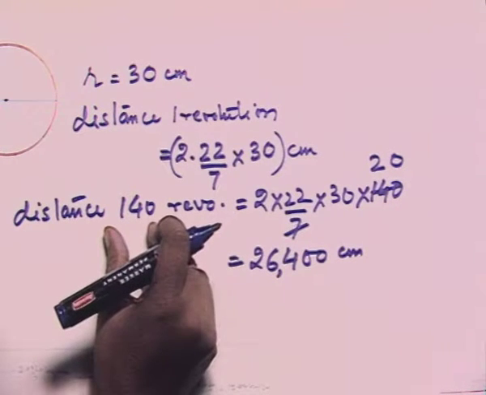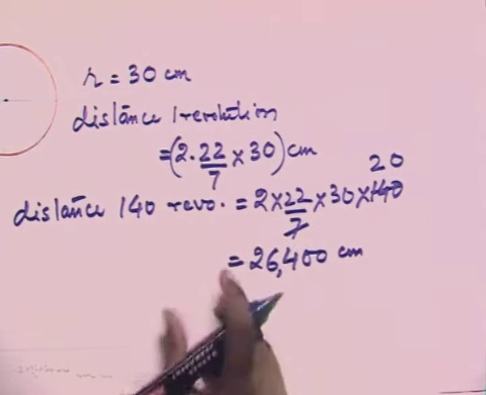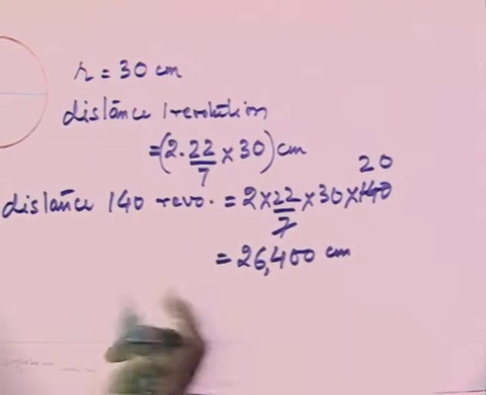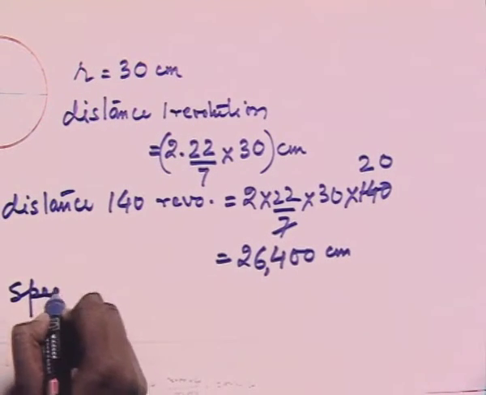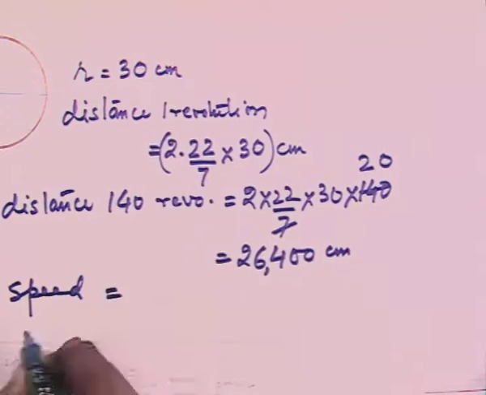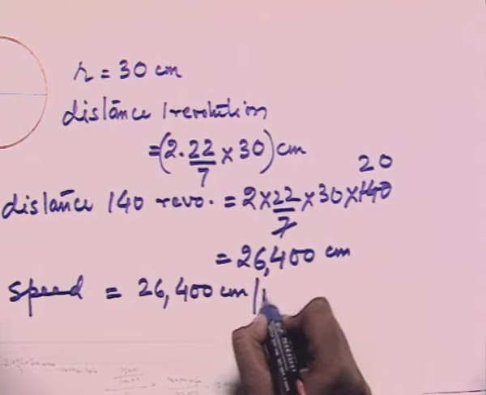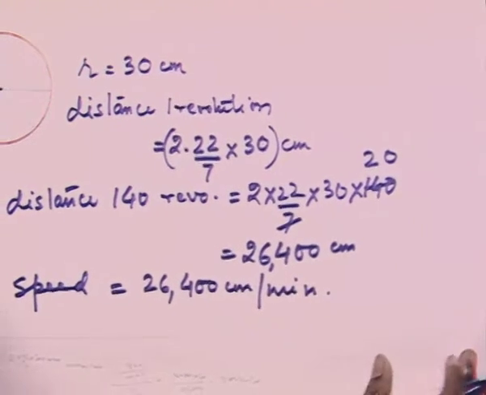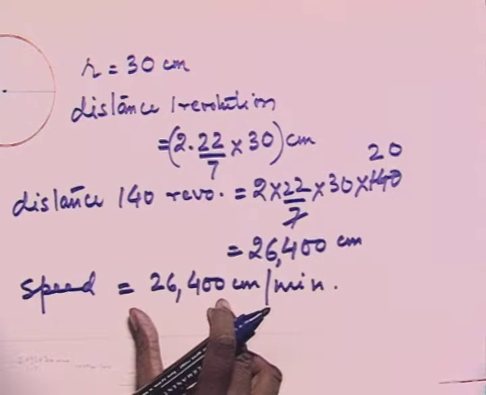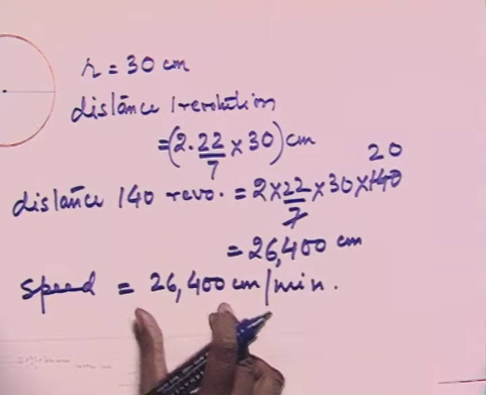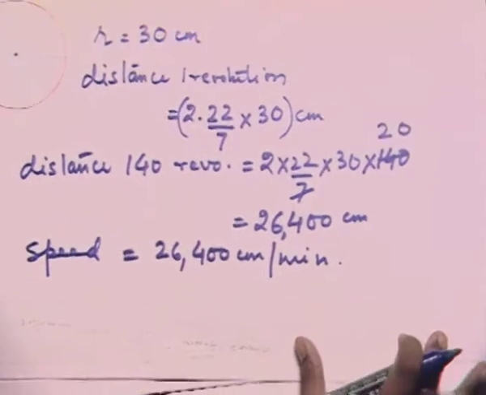But this 140 revolutions the wheel is covering in 1 minute. So, the speed of the wheel is equal to 26,400 centimeter per minute. But we have to find out the speed of the wheel in kilometers per hour.